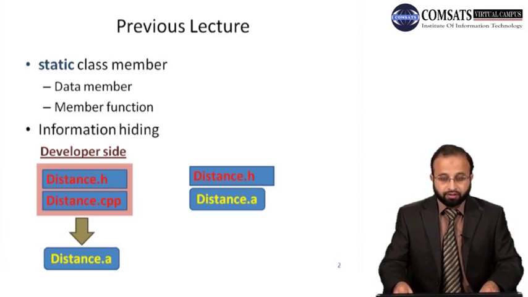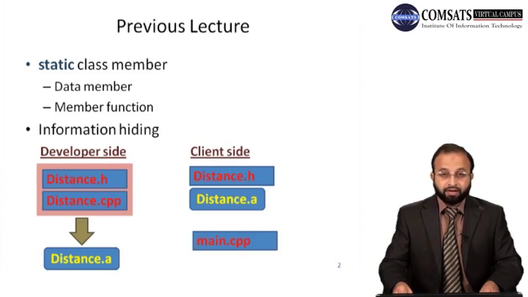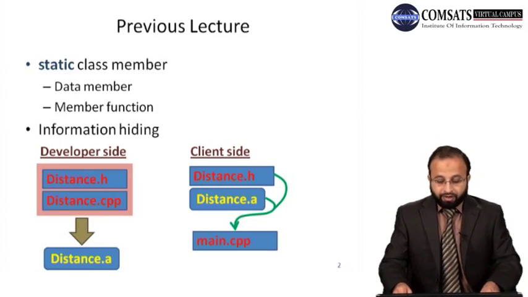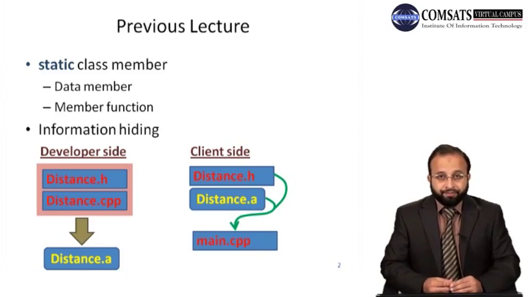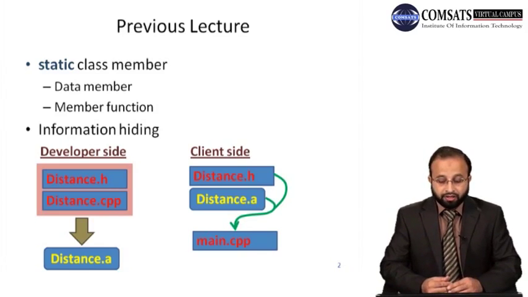So what the client does is basically use this file and write a main.cpp file that contains the main function and uses this library and header file. When he compiles the main.cpp file, he has to include the library path as well. We have seen this in the previous lecture, how we can include this library and a .h file, and then compile that file and use the functionality of the distance class.